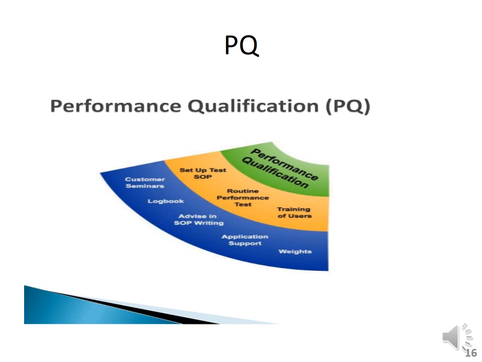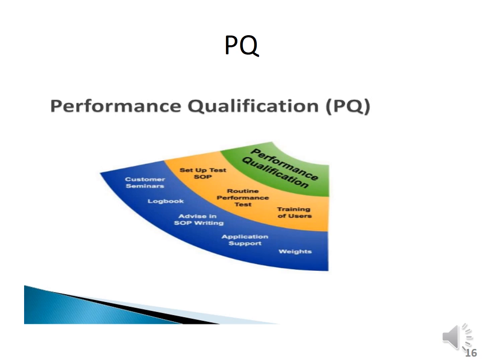In the third circle you can see the other important factors regarding the performance qualification: the customer seminars, seminars in which you are guiding the customers, logbook in which you are keeping the data, keeping the information according to the guidelines of the manufacturer about the performance, advice in the SOP writings, जो भी आपको as standard operating procedure है उसके अंदर if you are writing something, there is always a proper guideline about those writings.